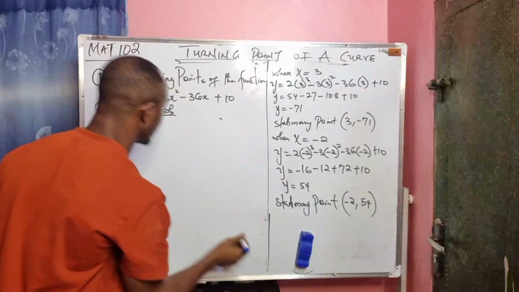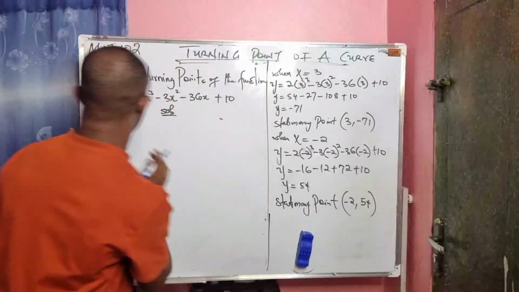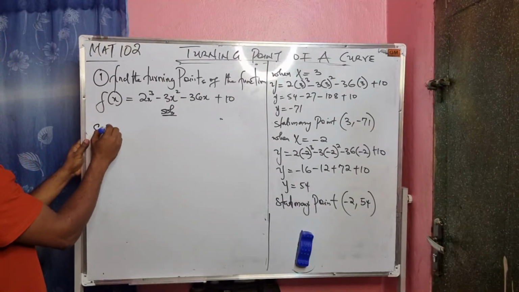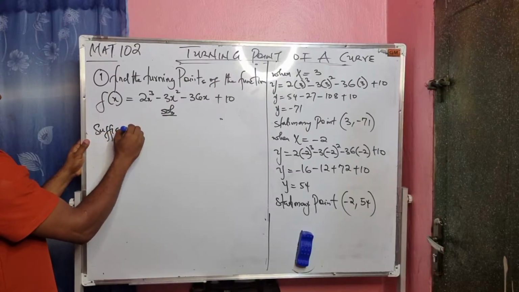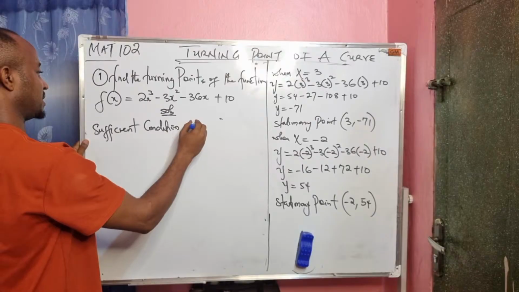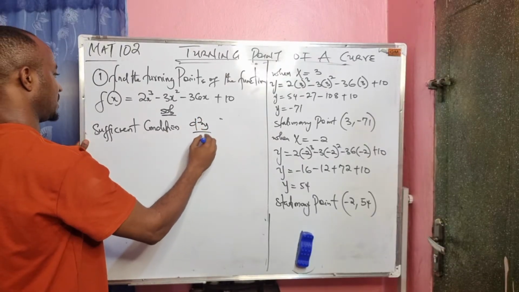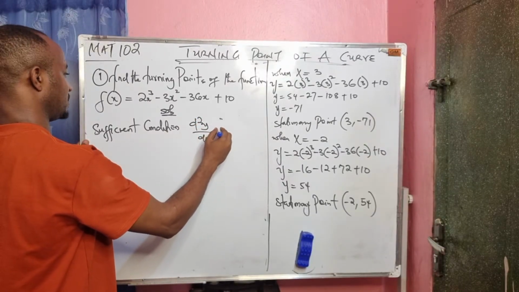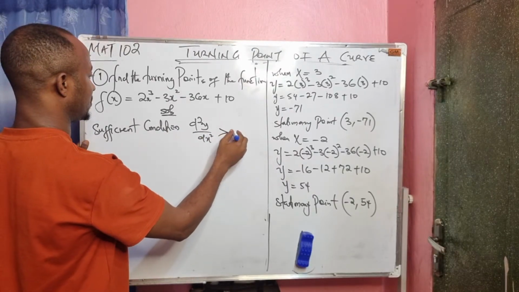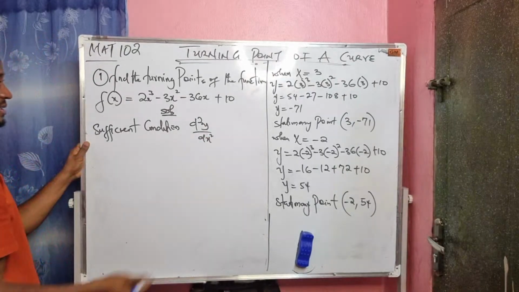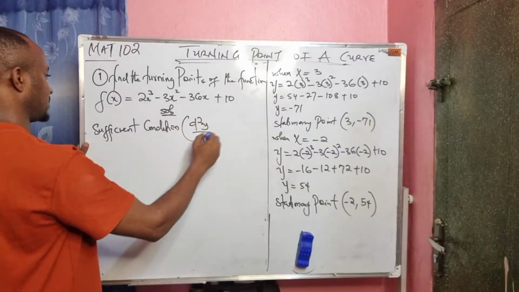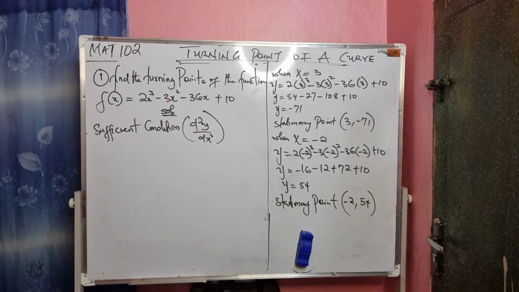For the sufficient condition, we say that the second derivative, d2y over dx squared, must either be greater than 0, or less than 0, or equal to 0. So let's find the d2y first. That is the first thing.